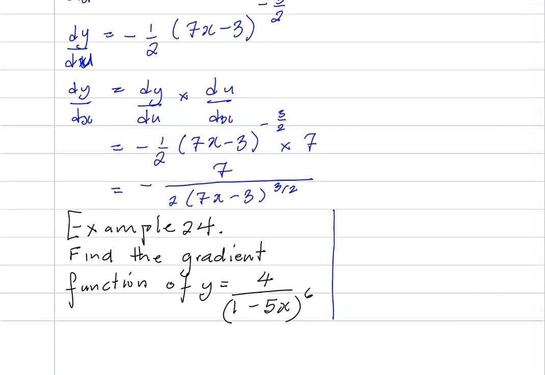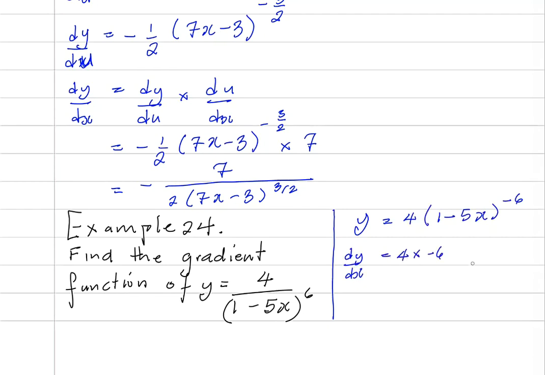So let's write this: y is equal to 4 into 1 minus 5x to the power minus 6. Here this is a composite function, and the inside function is 1 minus 5x. So let's differentiate dy by dx, which is the gradient function, is 4 times minus 6.